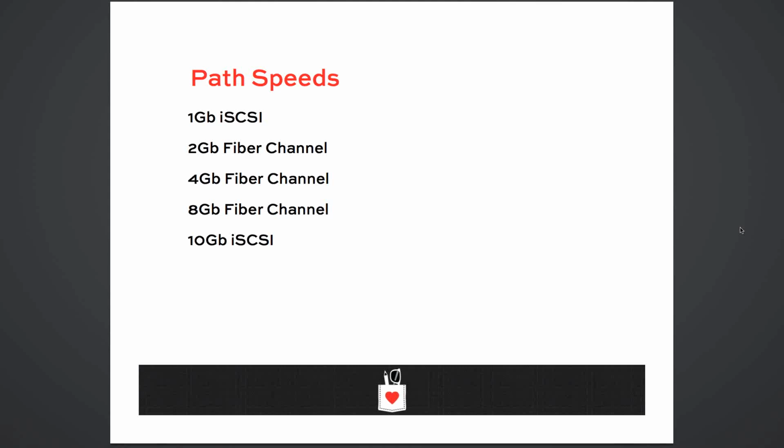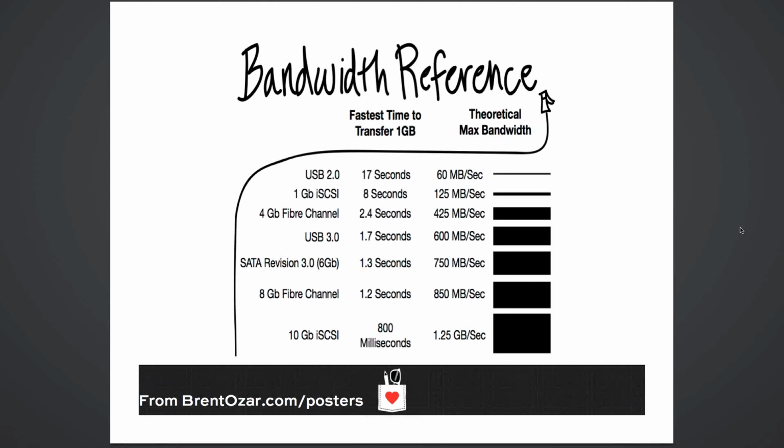I need to turn this into numbers that will make sense to you, because 1 gig, 2 gig, 4 gig, what does that really mean? Well, here's a great poster that Kendra Little, one of my co-founders here at Brent Ozar Unlimited, put together. This shows you, for every one of those connection methods, how fast it will take to transfer 1 gig worth of data.